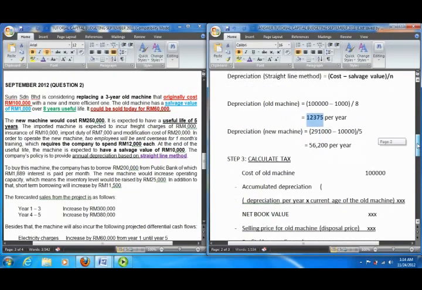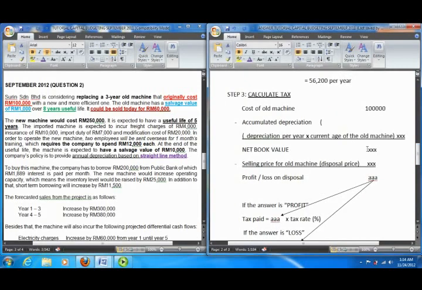Correct? So you can put depreciation for old machine: 12,375 times 3 years. That is the age of the old machine with that company.